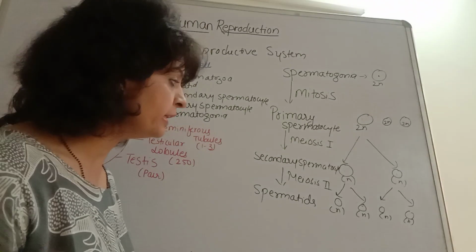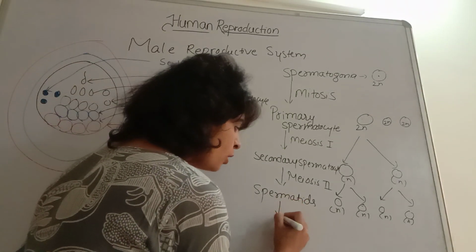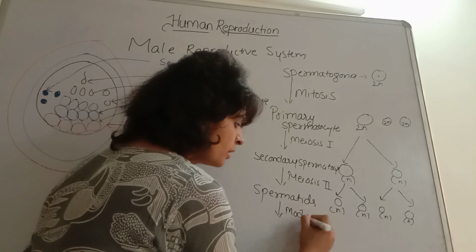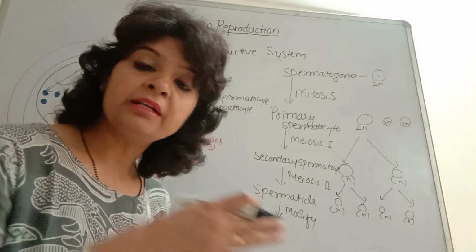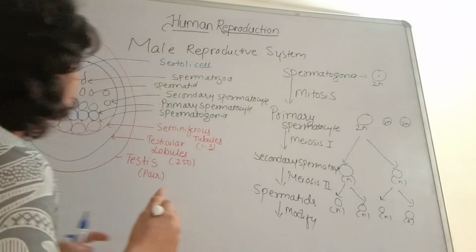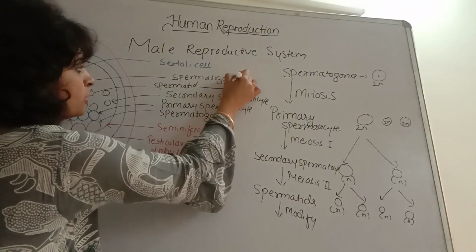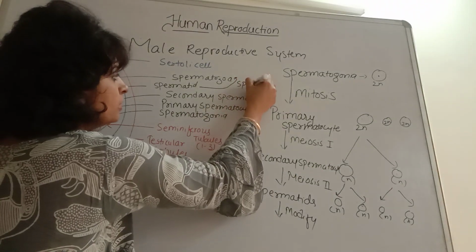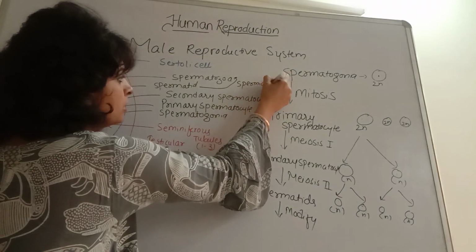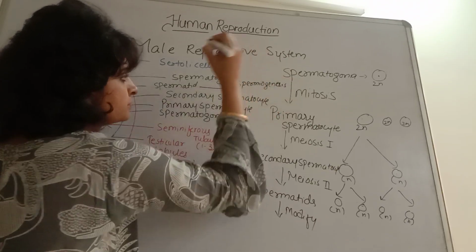Now these spermatids will modify. They will change their form. They will undergo a process of conversion from spermatid to spermatozoa, and that is spermiogenesis.